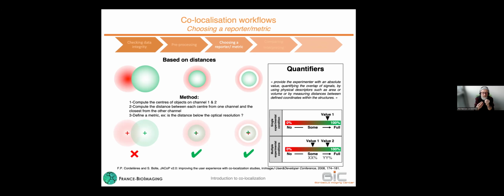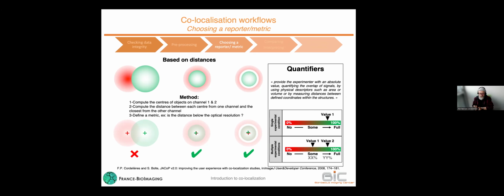It might be easier to work only on the center rather than trying to delineate really tiny objects that are hard to isolate. And then define a metric saying, okay, well, if the two centers are distant by a length that is below the optical resolution, well, then I will conclude that I'm not able to separate them.